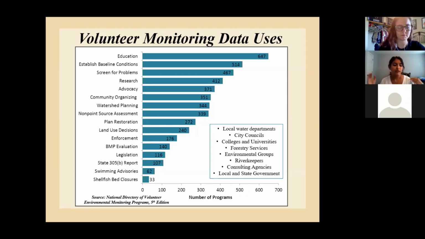And when there are big changes in those conditions, volunteers can notify their local water department, whoever is the water authority or the governing authority, of the observations that they have seen, and now they have this data that backs up their observations. They can present that and then work to figure out what the source of this is and what's causing this to happen.